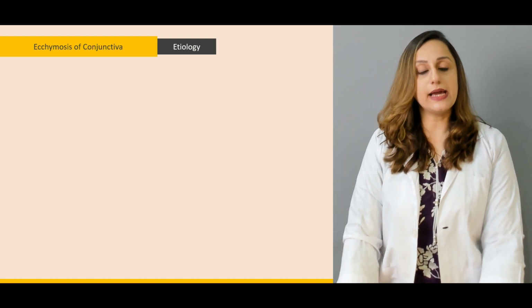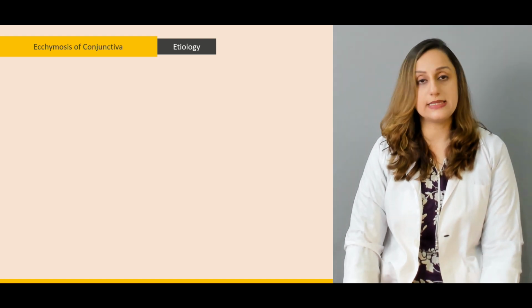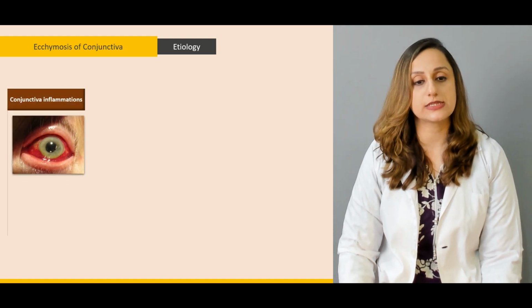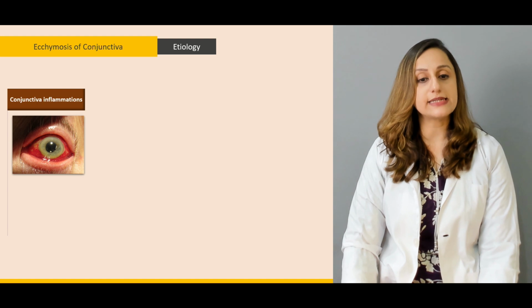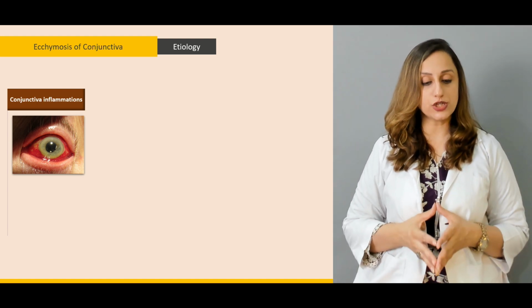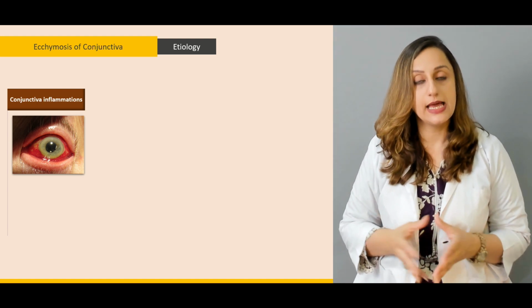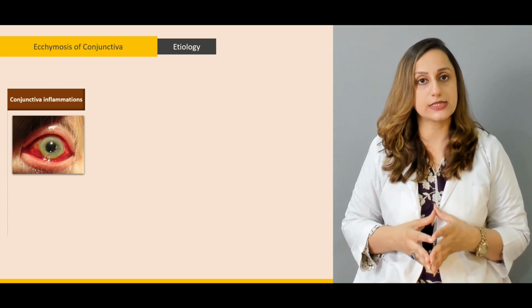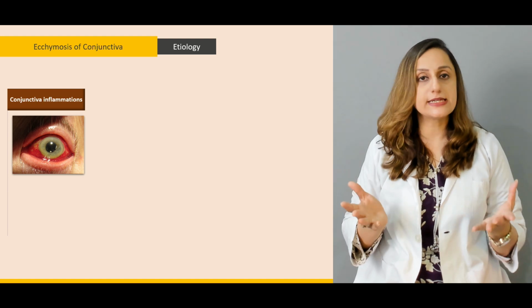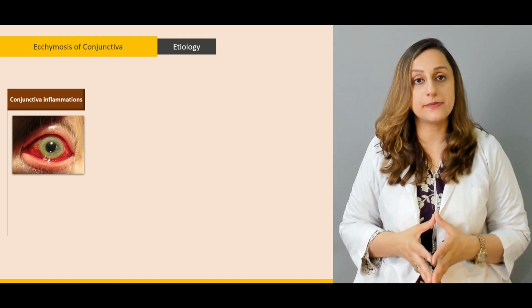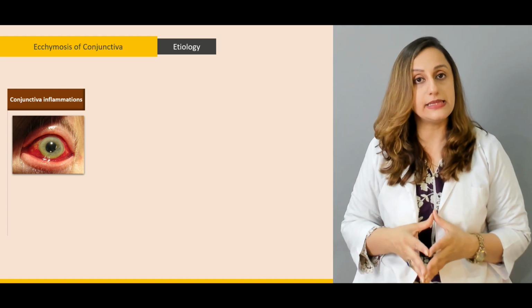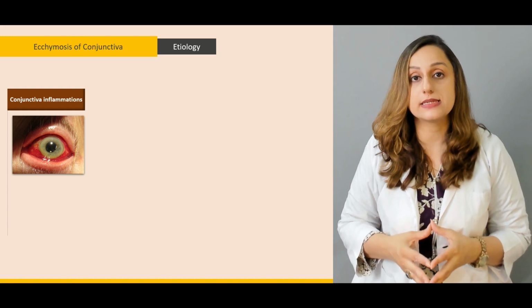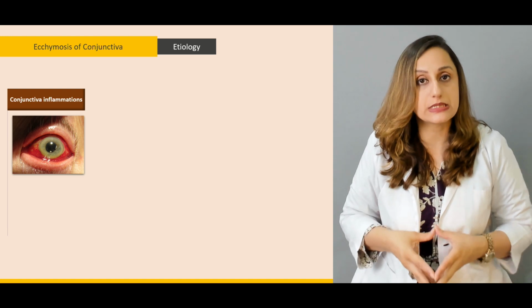Now, moving on to the etiological factors towards the development of this ecchymosis of the conjunctiva, we have conjunctival inflammation. There are a lot of inflammatory conditions which can result in this sort of ecchymosis of the conjunctiva. Just enumerating the facts, we should know that it can be the picornavirus, the pneumococcal conjunctivitis, as well as leptospirosis.